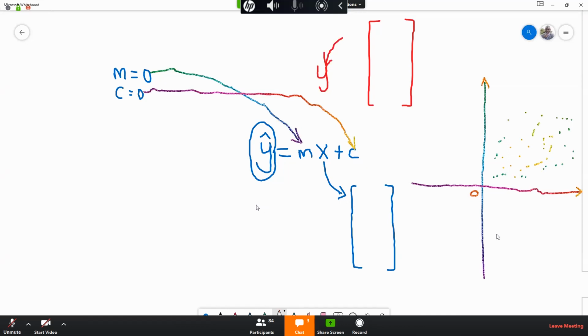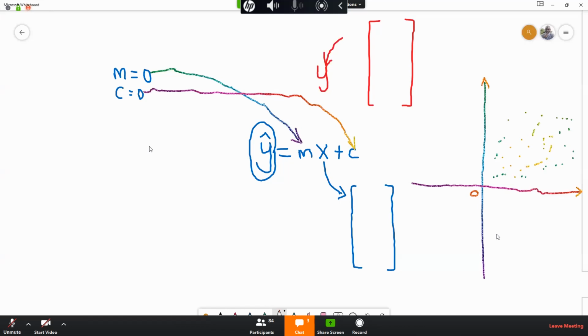So this will just be the line y equals 0, which is the x-axis. Your line will start here, then it will start rising and rising. In every iteration, like the notes that I made and shared, M is increasing and C is increasing as you go towards the line of best fit, in the example that we had.